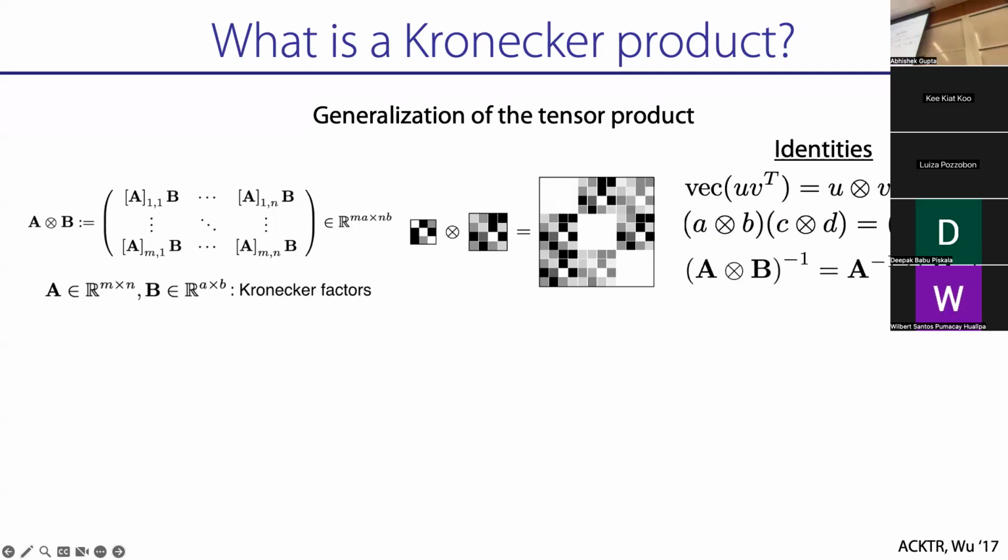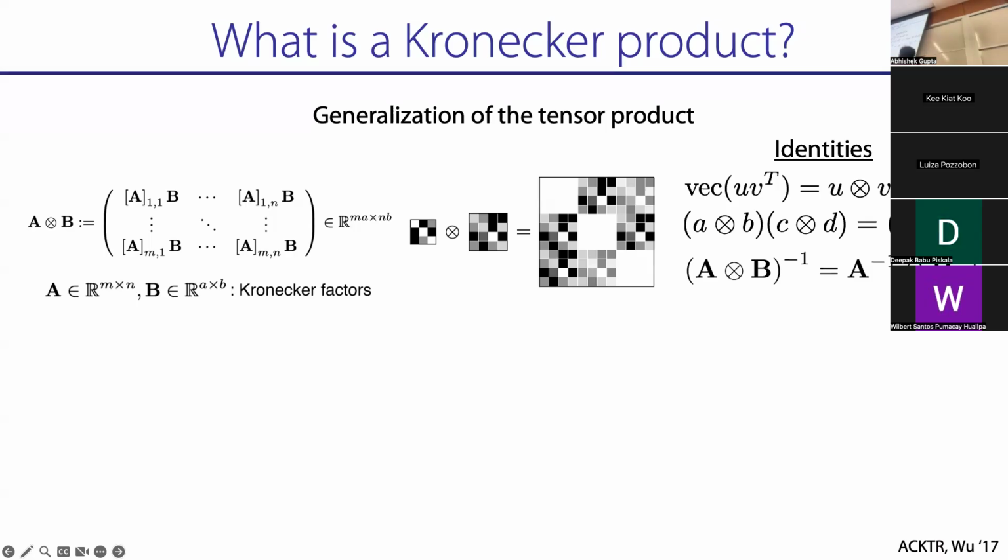Some nice identities about the Kronecker product: if you take UV transpose and vectorize it, that is the same as U Kronecker product V. If you have a product of two Kronecker products, A cross B times C cross D, you can write it as AC cross BD. And the most important one is that if I have A cross B inverse, I can write it as A inverse cross B inverse.